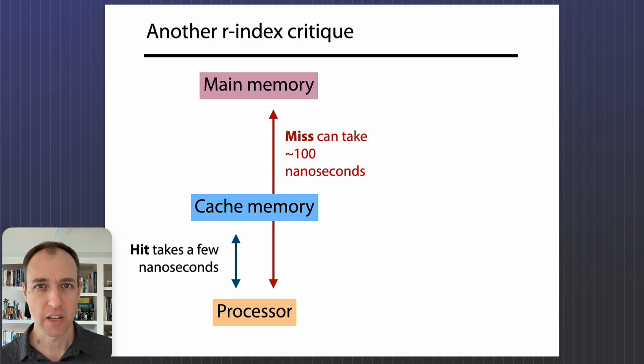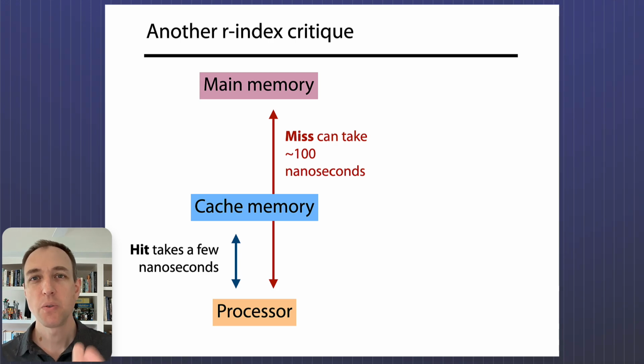A few nanoseconds is not a big deal in microprocessor time. Microprocessors these days are usually clocked at around 2 to 3 gigahertz. 3 gigahertz means you can do 3 things per nanosecond. So waiting a few nanoseconds is not a big deal. You're not missing out on your ability to do much work.